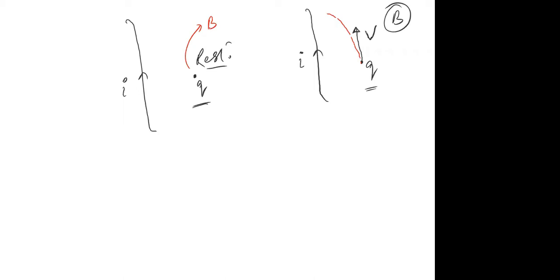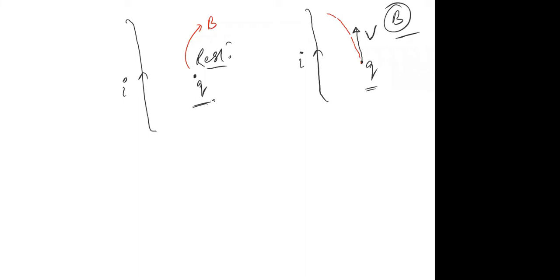Because if there would have been an electric field, then in this case also the charge would have been experiencing a force. But as the charge is not experiencing force, I can simply claim that there is only one field, which is magnetic field. And we observed that the charge experiences force because of the field only when it is given some velocity.